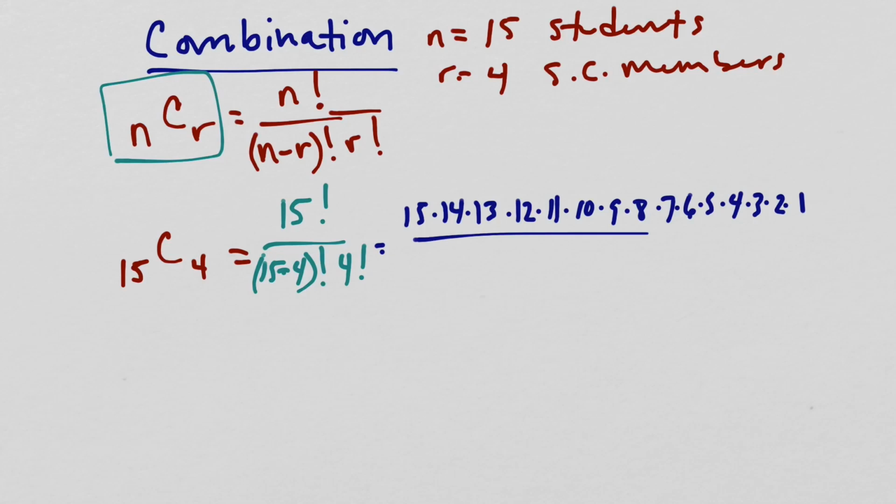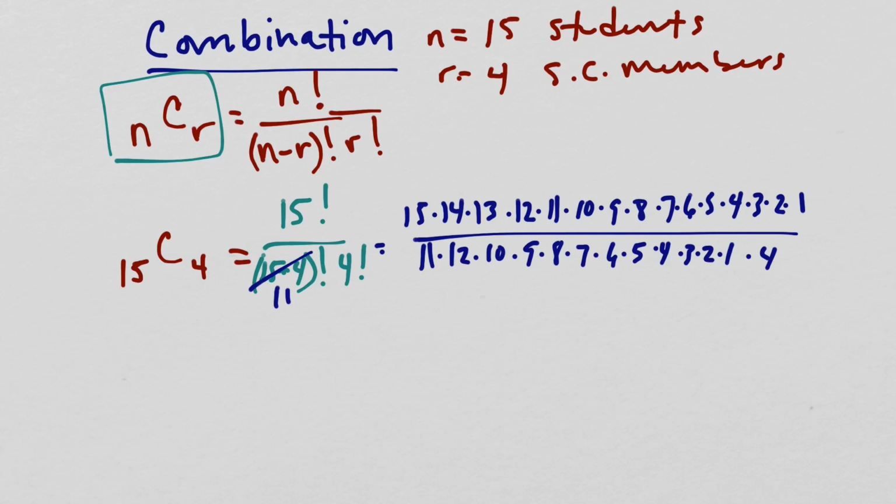And on the bottom, 15 minus 4, that's 11. So we start at 11, 10, 9, 8, 7, 6, 5, 4, 3, 2, 1. But then we also have another 4 factorial. So we have a 4, a 3, a 2, and a 1. So now we can go through and cross out. Notice 11 all the way down to 1 crosses out with all of these.